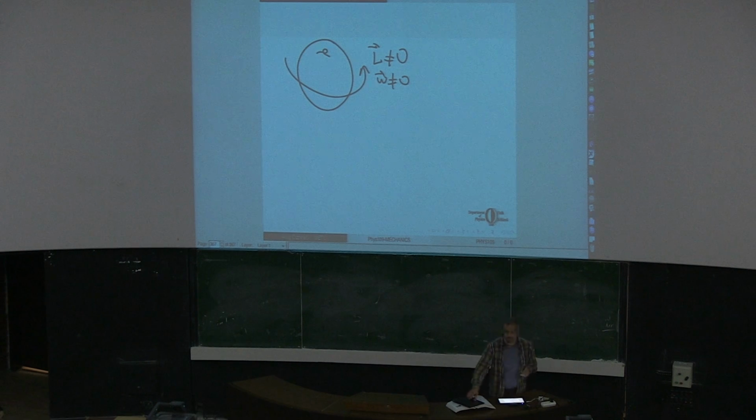Now, so we have all these sources of magnetic moments. Let's say the orbit of the electron can contribute to the magnetic moment. The spin of the electron can contribute to the magnetic moment. Now, the choices are the total magnetic moment might be 0.